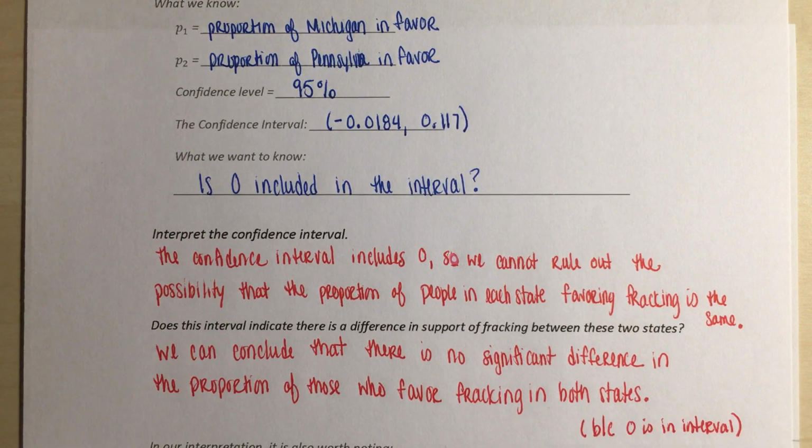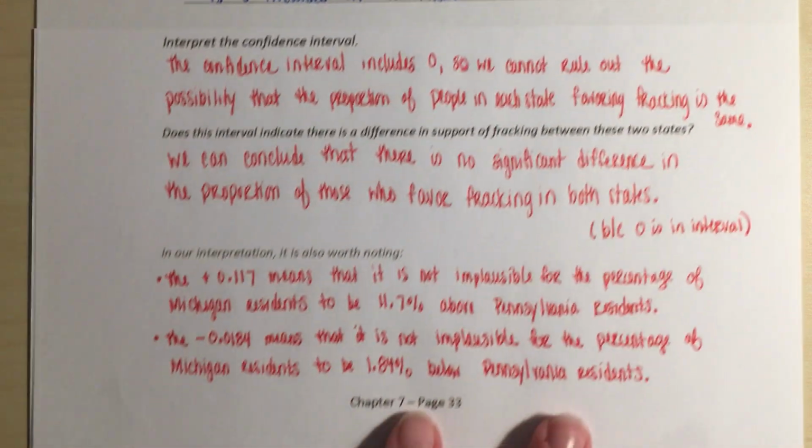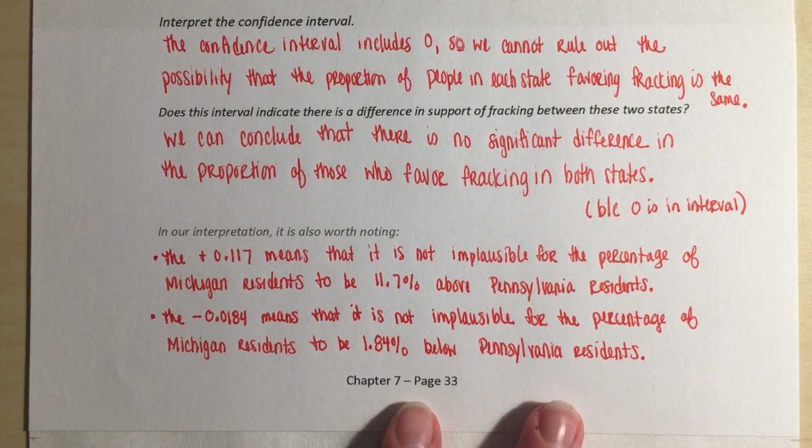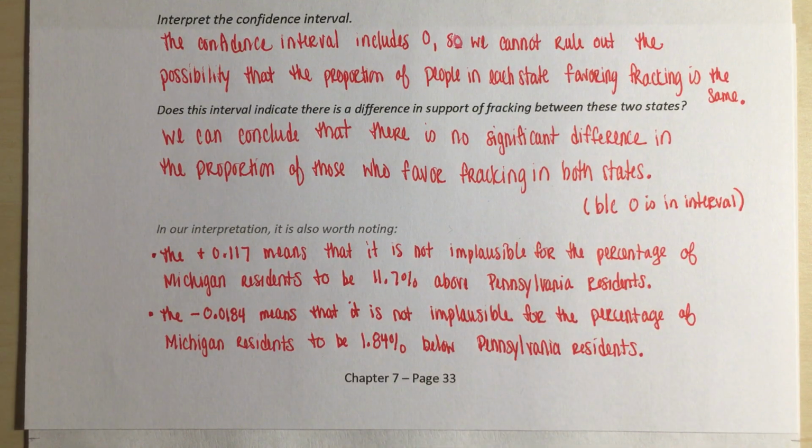In our interpretation, it's also worth noting that the positive 0.117 means it's not implausible for the percentage of Michigan residents to be 11.7% above Pennsylvania. The negative 0.0184 means that it's not implausible for the percentage of Michigan residents to be 1.84% below Pennsylvania residents.